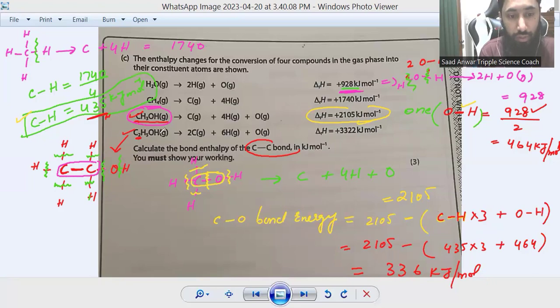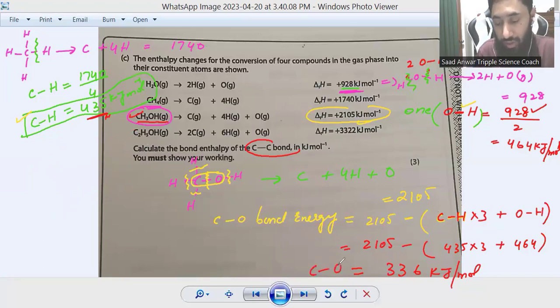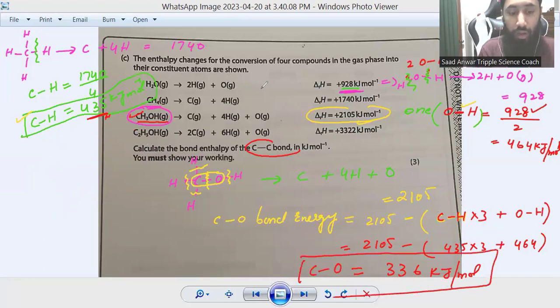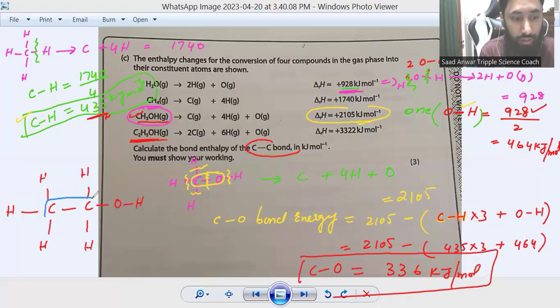Now comes the final one. This is the carbon-oxygen bond energy, and the final is C2H5OH, with five H. Now I have to find the carbon-carbon bond energy, or bond enthalpy.